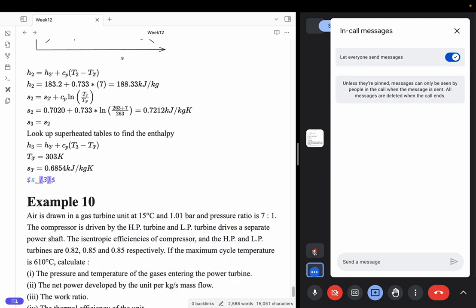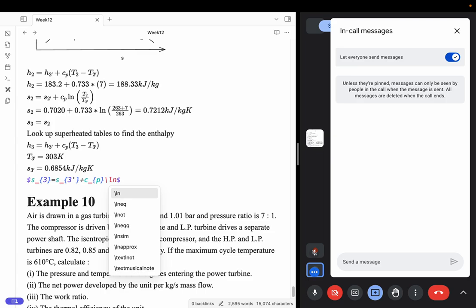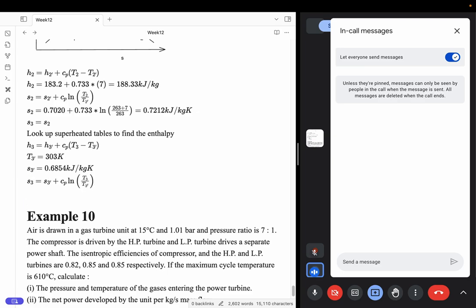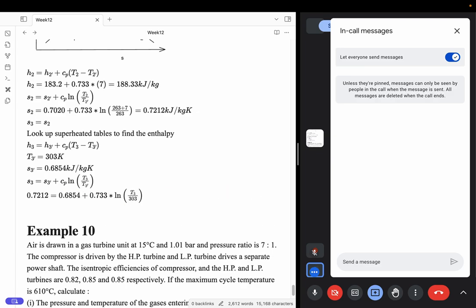The process is a constant pressure iteration, so S3 is S3 prime plus Cp ln(T3 by T3 prime). You already know S3, that is 0.7212, which should equal 0.6854 plus Cp, 0.733, times ln of T3, unknown, divided by T3 prime, 303. If you solve this equation, you get T3, which comes out to be around 308 Kelvin.